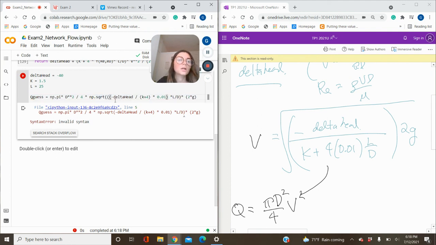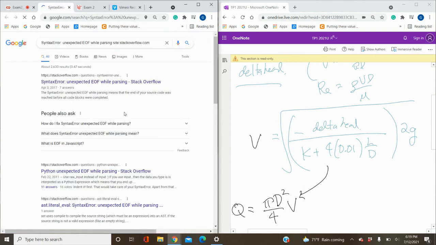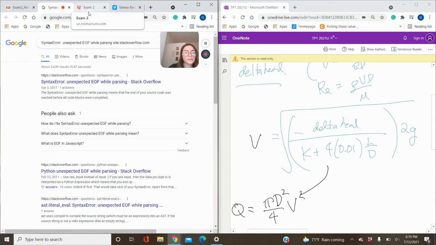Like 2 more. Okay. No. What is an EOF? Let's see. End of your source code was reached before all code blocks were completed. Good to know.